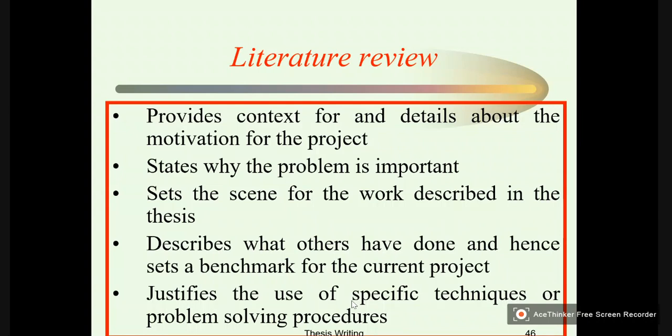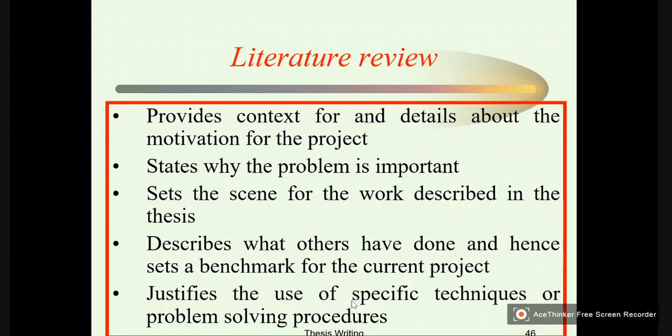It sets the scene for the work described in the thesis. By reading your literature review, the reader will understand what you are going to do, or on what aspect you are going to carry out your research, and that is contained in subsequent chapters.